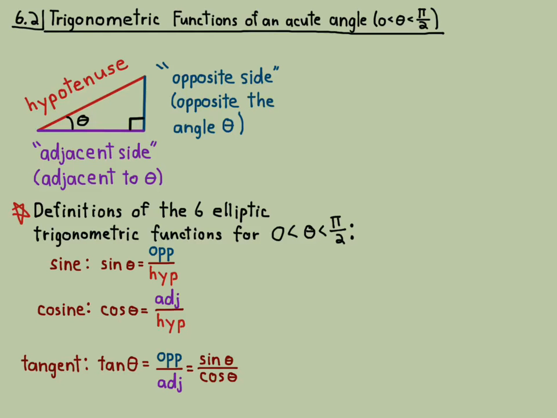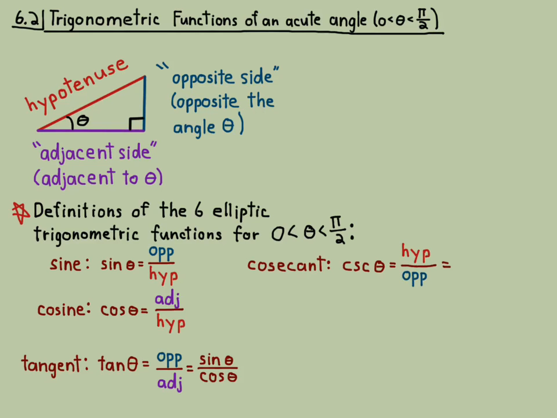Hypotenusae? Anyway, I need to look that up. Opposite over adjacent is tangent, and we very often use it in the form sine theta over cosine theta. It's very handy to know what all the trig functions are in terms of sine and cosine, because then you can figure out the formulas for them from the sine and cosine ones.